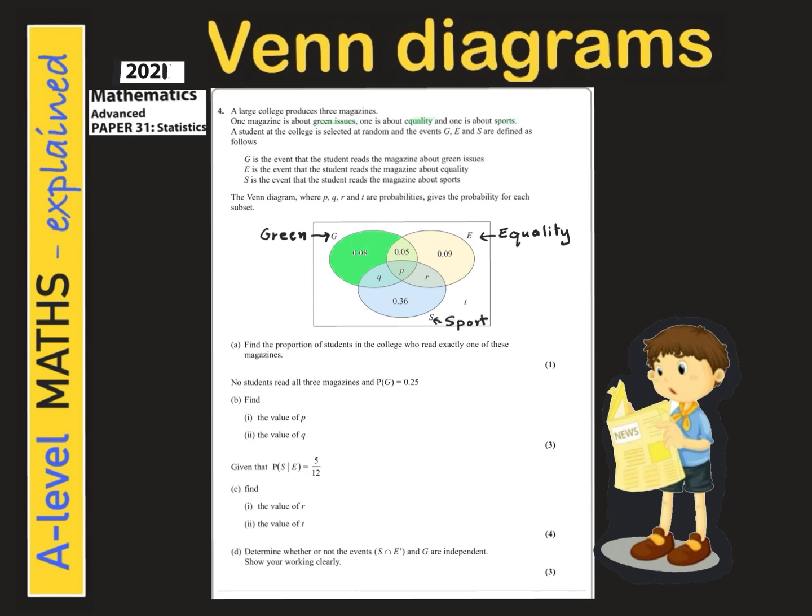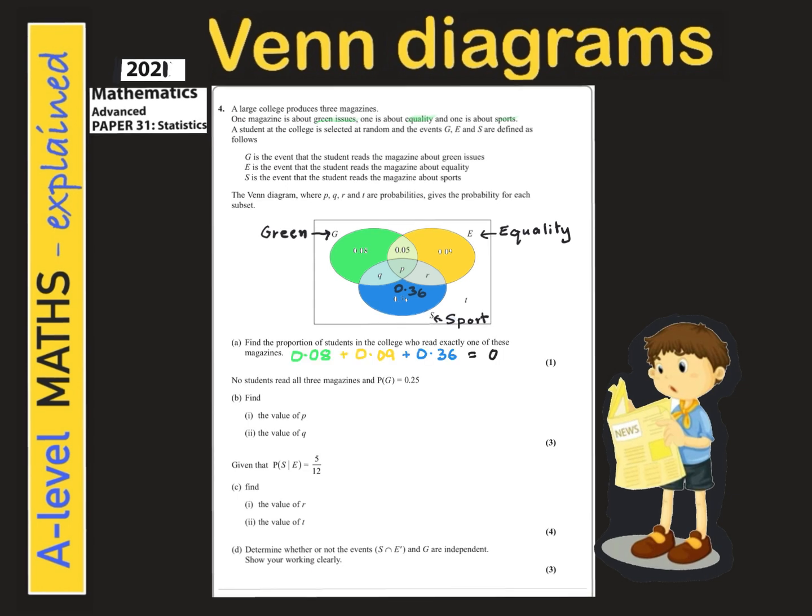This is where a student only reads green issues, and here where a student reads only about equality, and here a student that reads only sports. And by adding these up, we get 0.53.